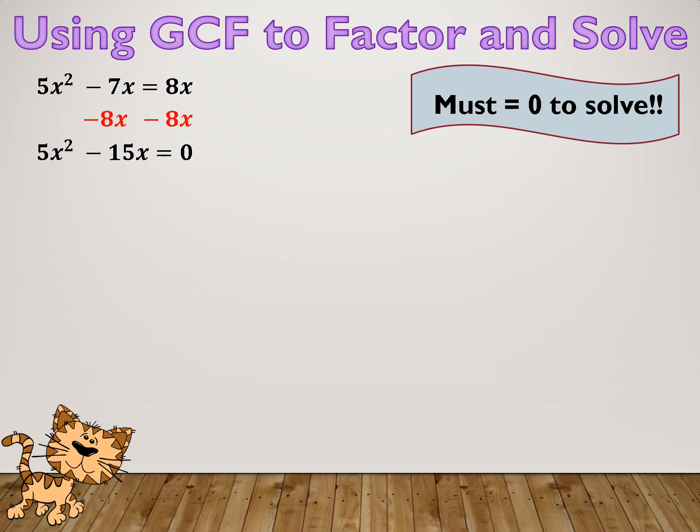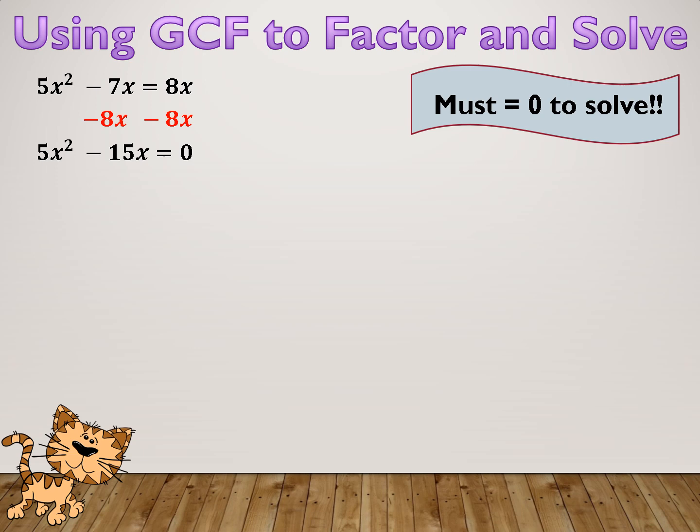So let's look. I'm going to talk about the coefficients first. What is the GCF, the greatest common factor of 5 and 15? Well, it's going to be 5, because 5 is the biggest number that goes into 5 and 15. Okay, so now we're going to pull out a 5. Let's talk about x squared and x. Both terms have an x, so I can factor out x as part of my GCF. Well, I have an x squared and I have an x.